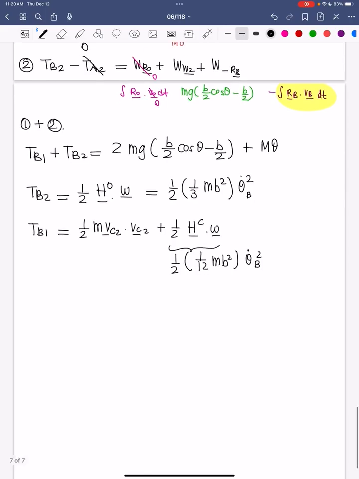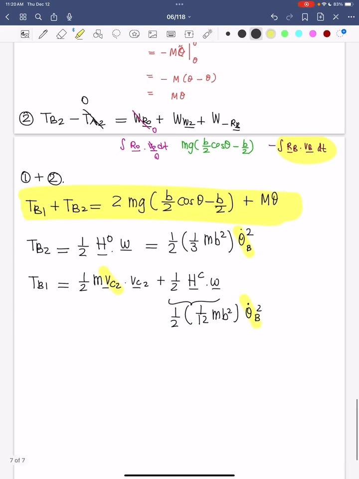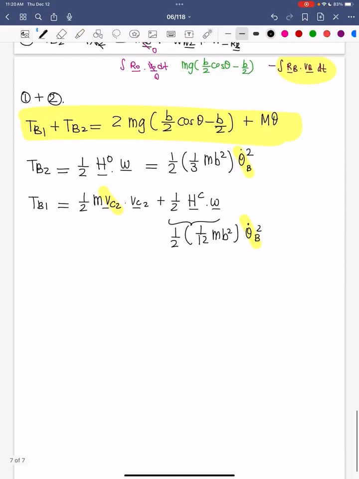Now I have one equation, this one, and the unknowns are theta dot b and vc. Maybe I can find vc in terms of theta dot b from kinematics. So let us try.